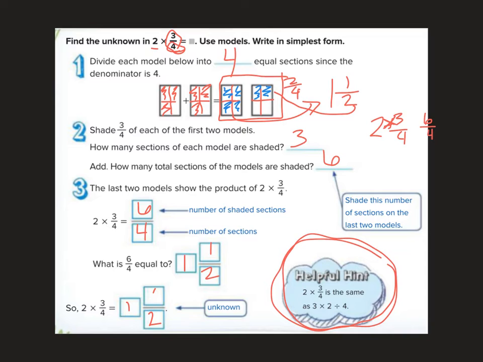Remember, we've always talked about top divided by the bottom. So then I'm doing 6 divided by 4. So I could also look at 2 times 3/4 as 2 times 3 divided by 4, or 3 times 2, right? Because we're going to do multiplication first anyways, because it's on the left. All right, let's keep going.